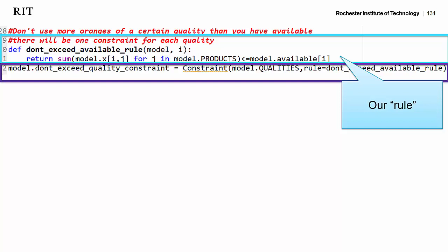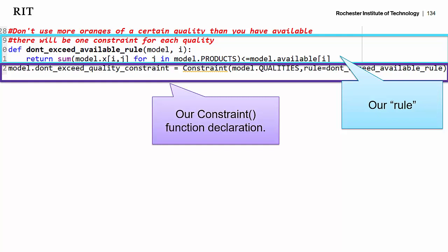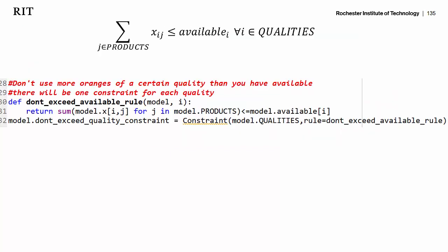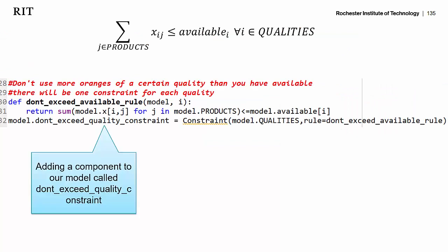Use this rule to do it. We call that second line our constraint function declaration. If we look at that second line, the first part, model.don't exceed quality constraint, is basically adding something to our model, and we've named the thing that we're adding don't exceed quality constraint.